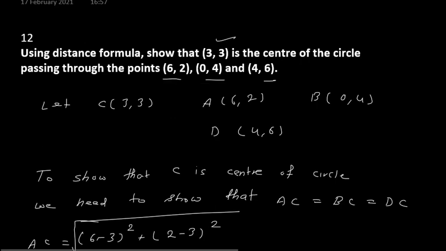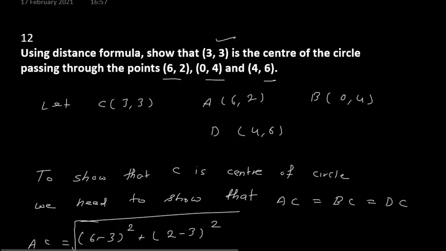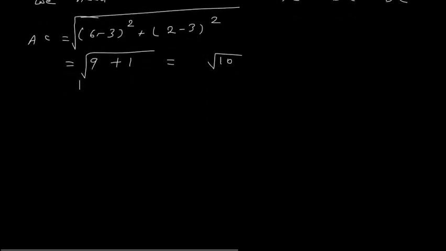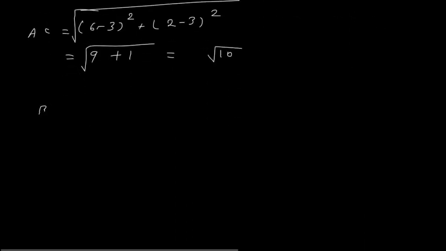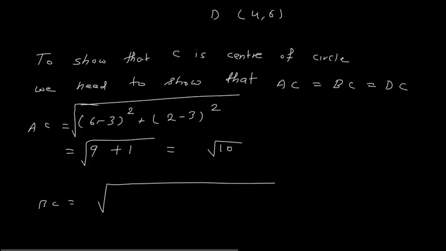Previously we have solved a lot of problems in which we have to show that one point is equidistant from 2 other points. There we were finding the square of the distances. Now BC. To find BC, again it is the square root of, the coordinate of C is 3, 3. So BC is 3 minus 0 the whole square plus 3 minus 4 the whole square.